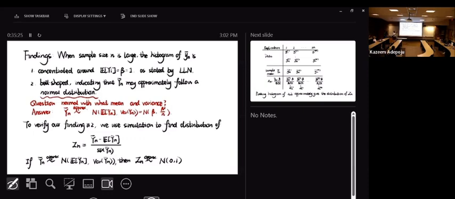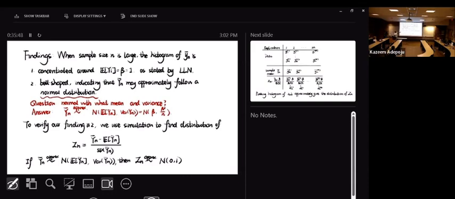I have a question here. Normal with what mean and variance? The moment we establish that the sample mean is approximately normal, we can figure out what the mean and the variance are going to be.